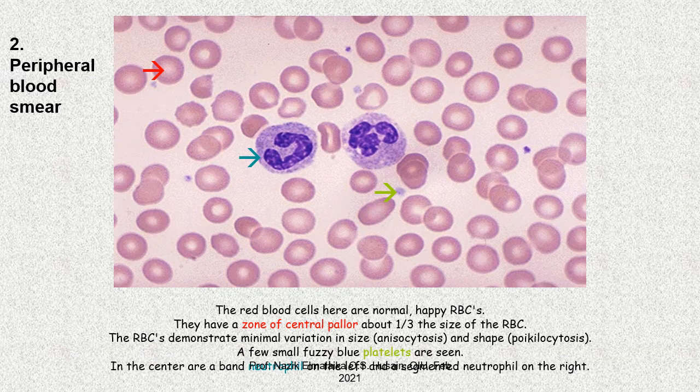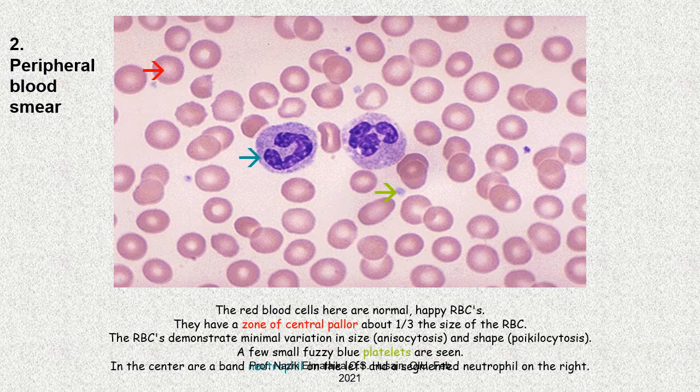This is the normal appearance of the peripheral blood. It contains the majority, the brown ones, are the red blood cells. The red blood cell usually has a central pallor that does not exceed 1/3 of its size.